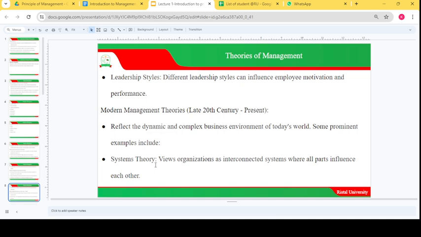Another theory we have is modern management theories, which were formulated in the late 20th century up to date. Under it, we have theories that reflect the dynamic and complex business environment of today's world. These are some of the prominent examples. They include systems theory, which views the organization as an interconnected system where all parts influence each other.